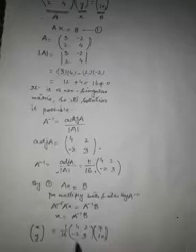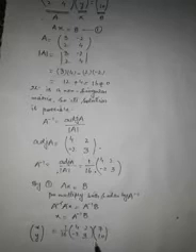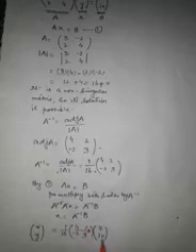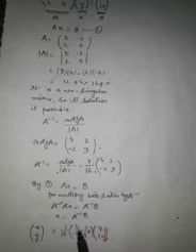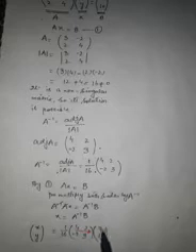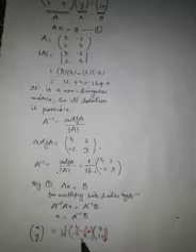Now how can we multiply these two matrices? You have to multiply these matrices in this form. You multiply the elements of row with column. First you multiply the element of first row with the first element of column, and the second element of row with the second element of column, and add them.